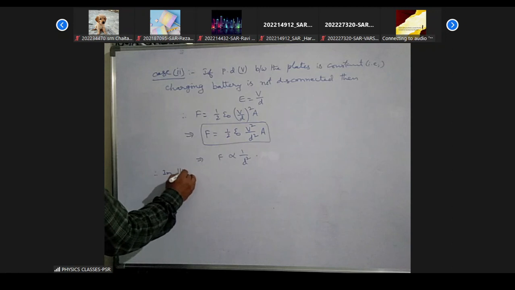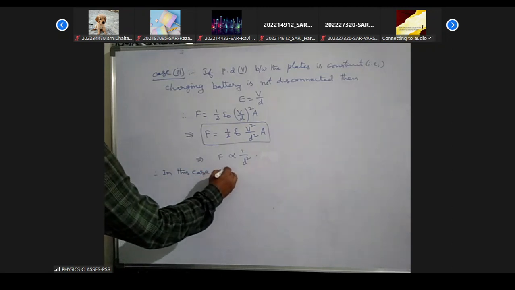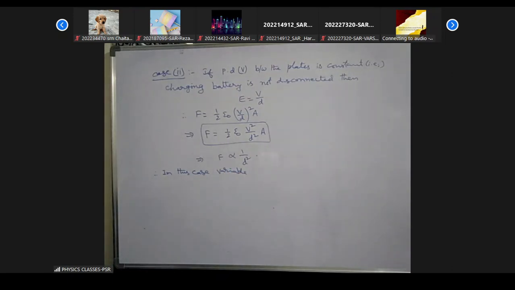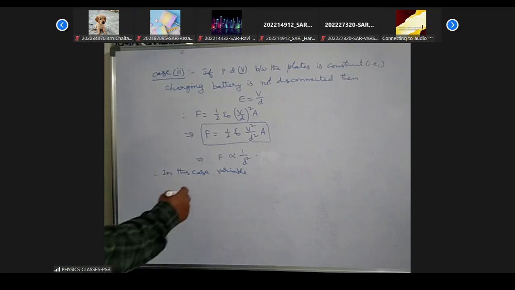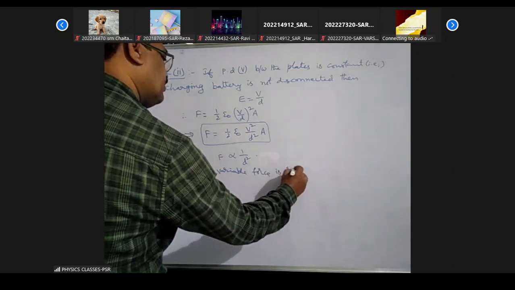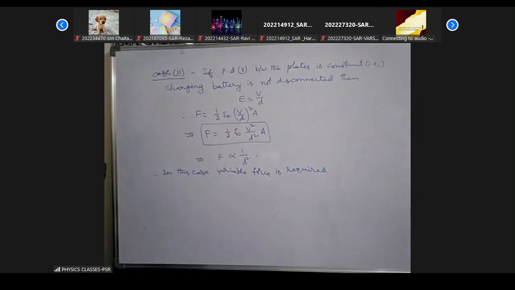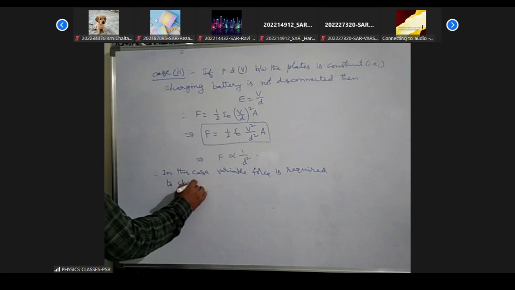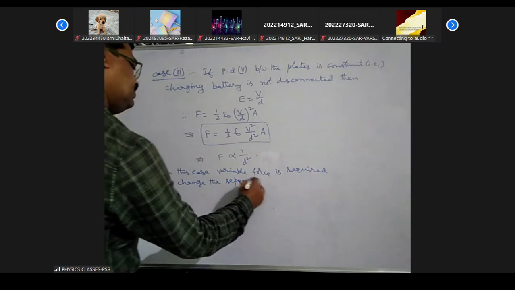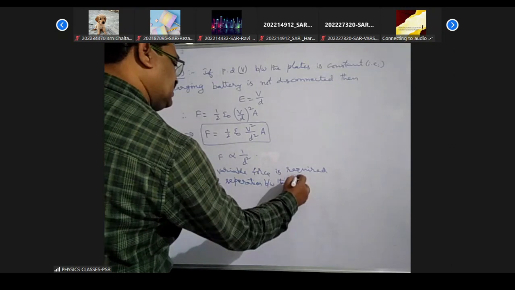Therefore, in this case, variable force is required to change the separation between the plates.